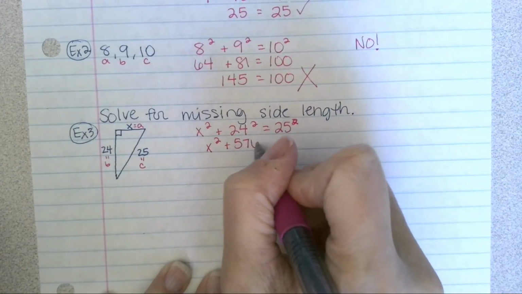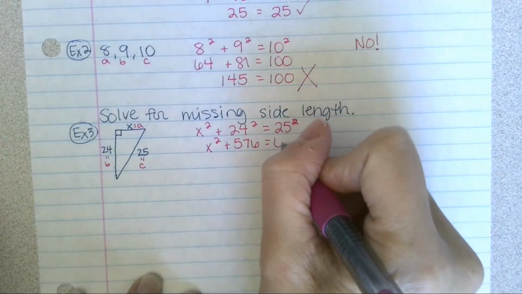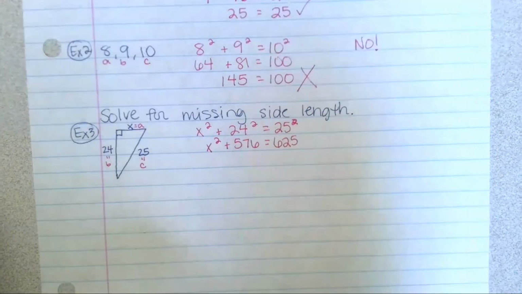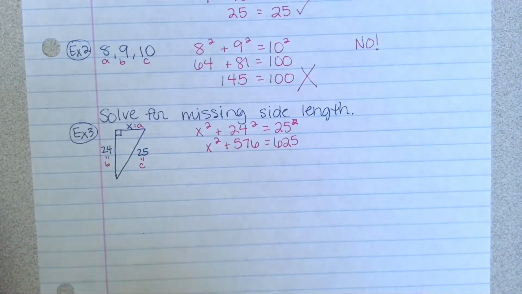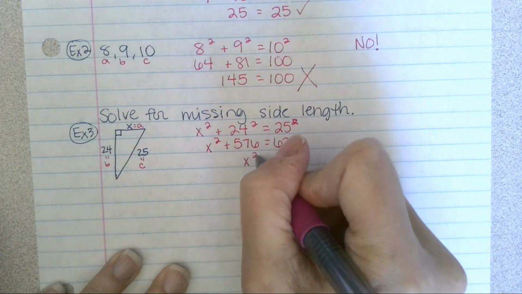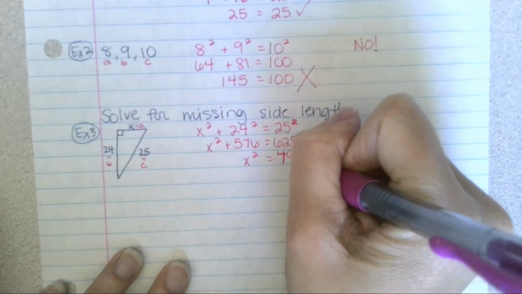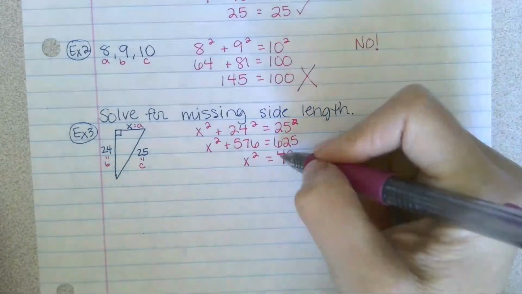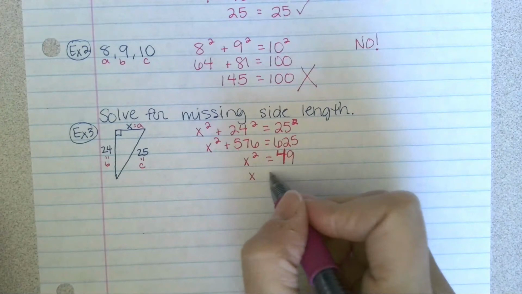So that left side is x squared plus 576 equals 25 squared, which is 625. Now if I subtract 576 from 625, I get that x squared is equal to 49. Ooh, look at me go. And I know that 49 is 7 squared. So that means x is equal to 7.